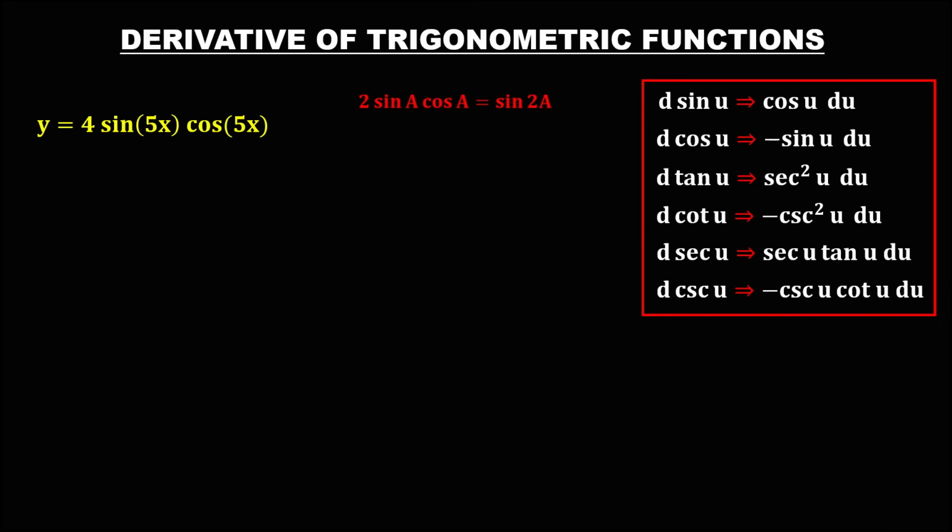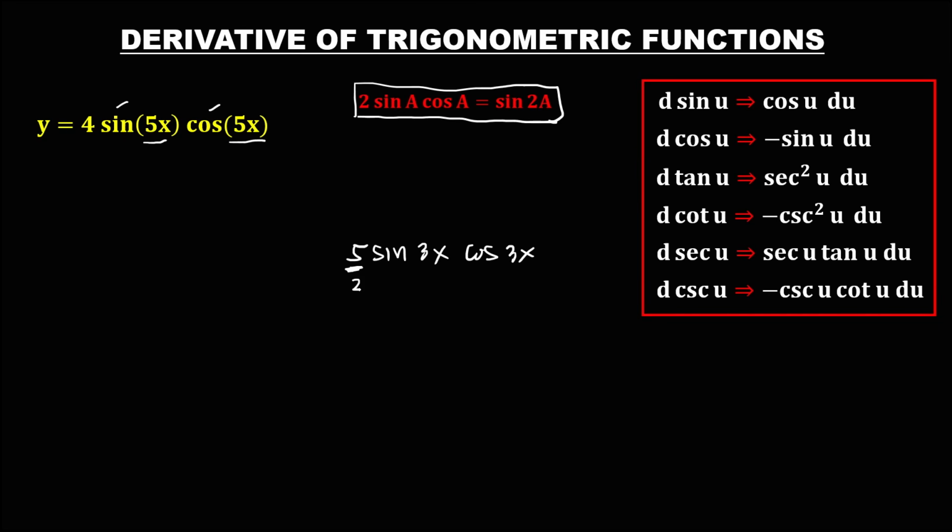Then for this given, 4 times sine 5x and cosine 5x. Since the same angles, for the product of sine and cosine, we're going to use this double angle identity. Take note, if we have this given, 5 sine 3x cosine 3x, to find the identity using this formula, just divide this number by 2.